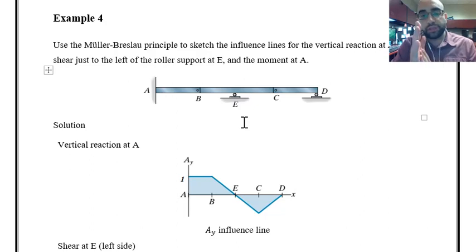I have to remove that and then apply a unit displacement. As you can see, point E is right at the location of the support. So on the right side, it cannot experience any displacement. It remains as it is. On the left side, however, it can experience the displacement.